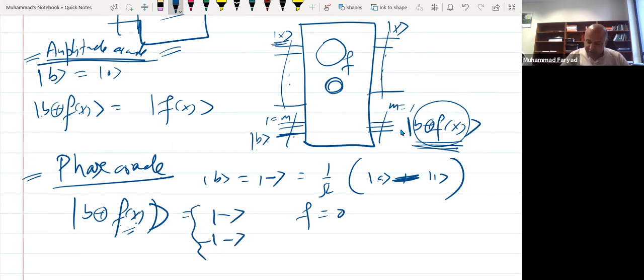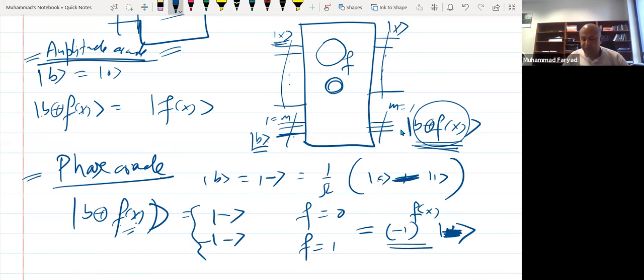So this is equivalent to saying that this function f of x appears in the phase of this minus 1 term, where this is minus. So this minus state, which is being inputted here, is given a phase term of minus 1 power f of x.